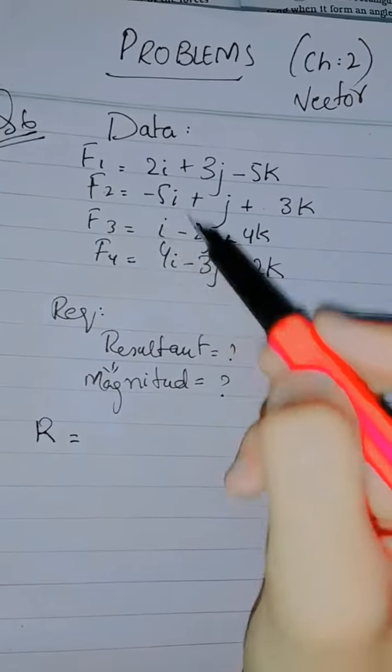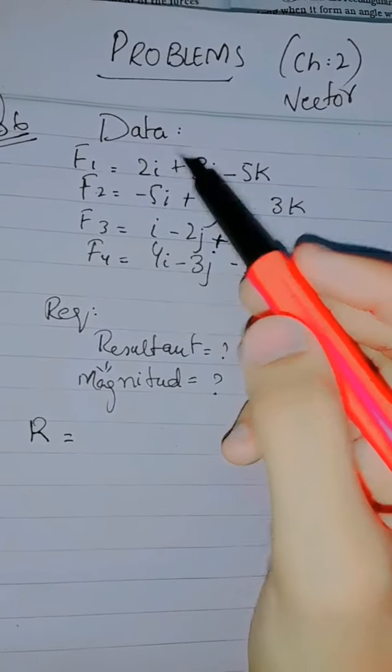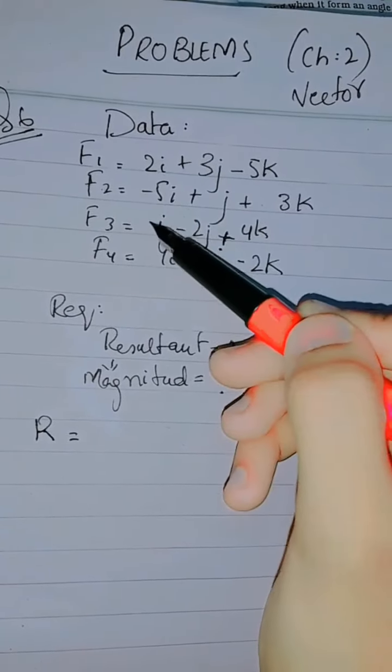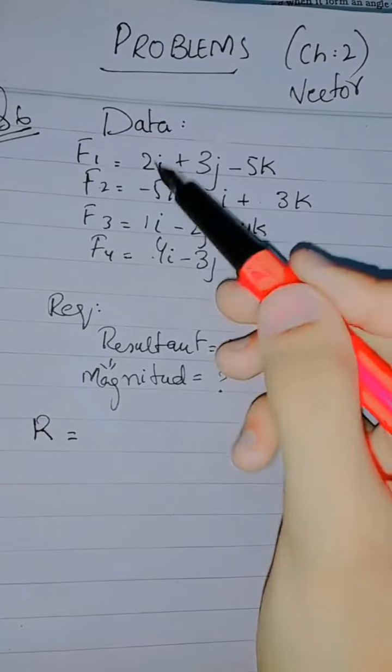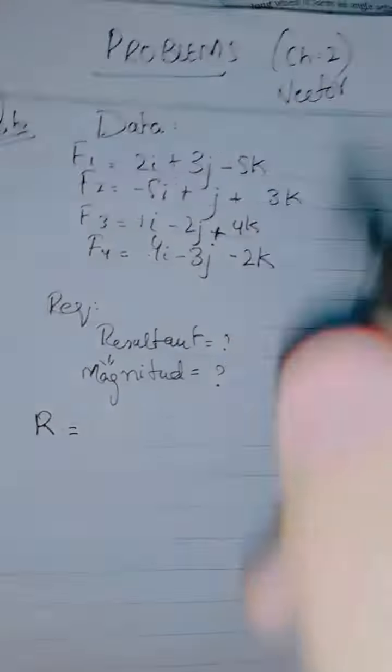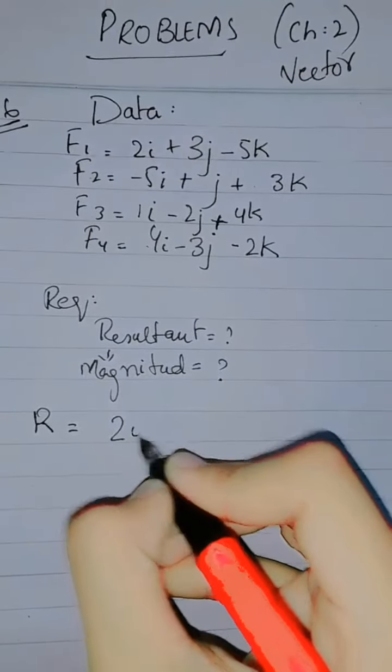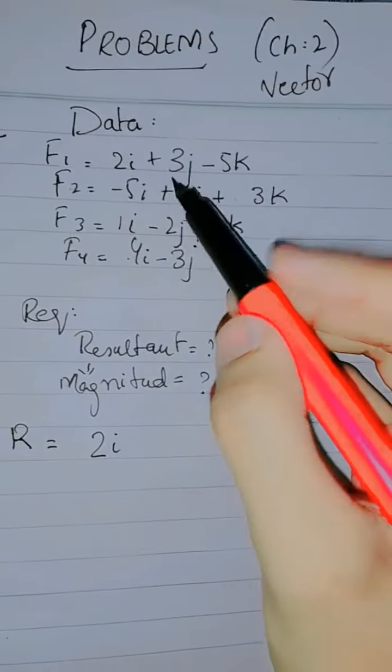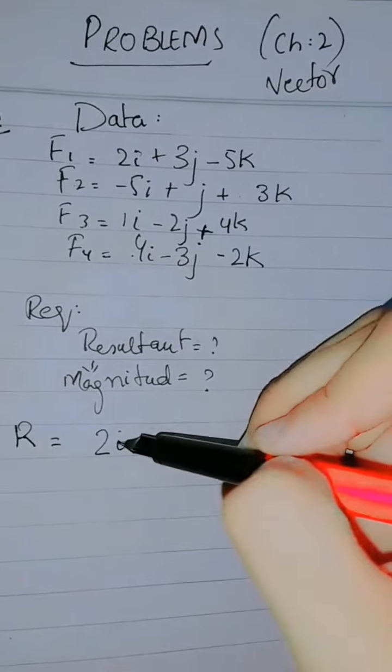Here first of all we add i, that is 2 plus 1 and 4, that will be 7i. 7i minus 5i will be 2i. Then after adding this we get 2i.